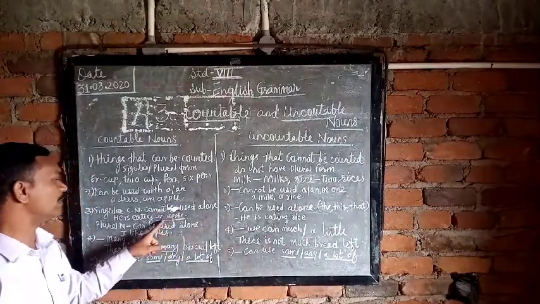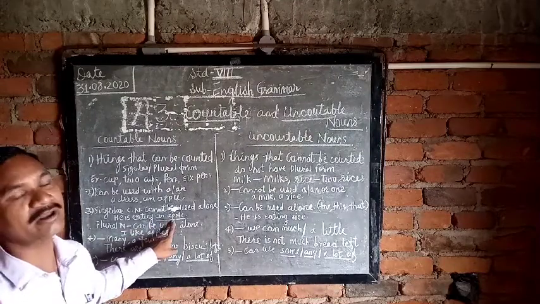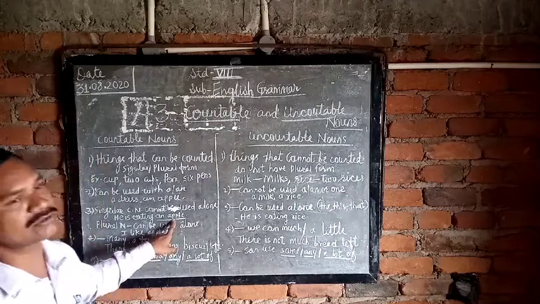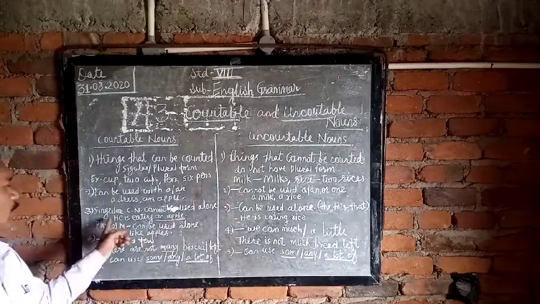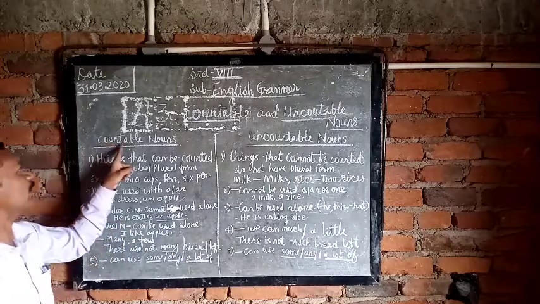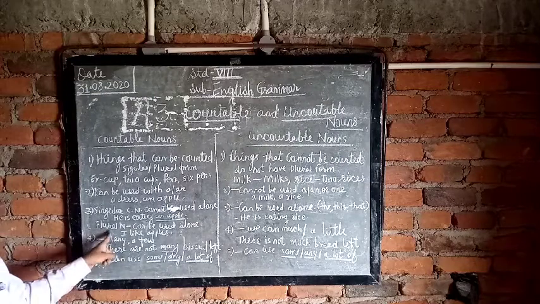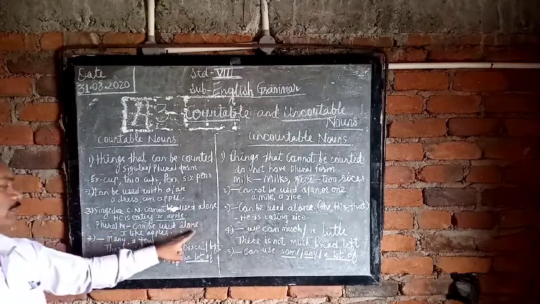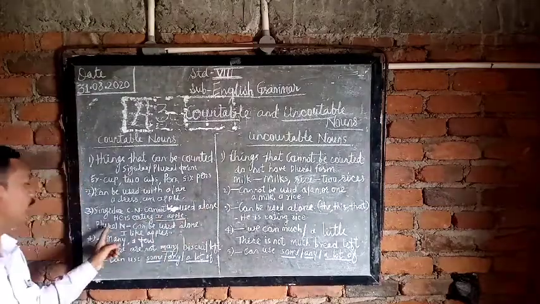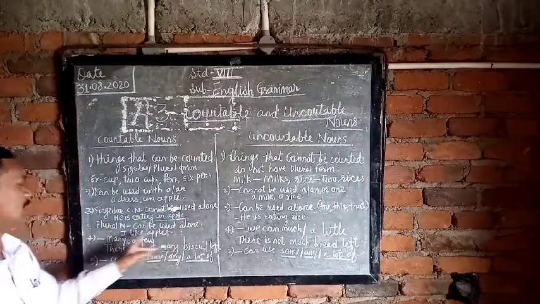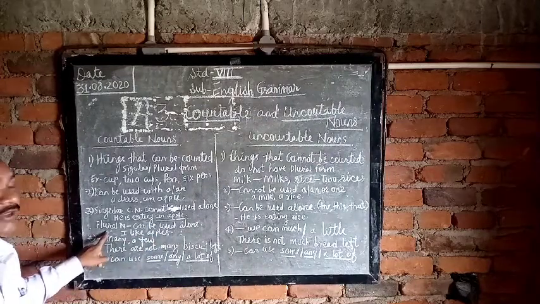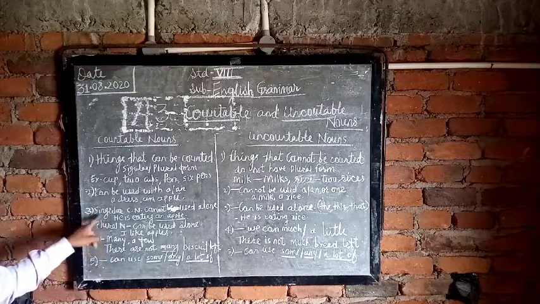We have to write a or an in front of the word, and the, this, that, these can also be used here. In plural countable nouns, we can use them alone. In singular, we cannot use alone; in plural, we can. See, I like apples, but only in a plural form. So this is the third.